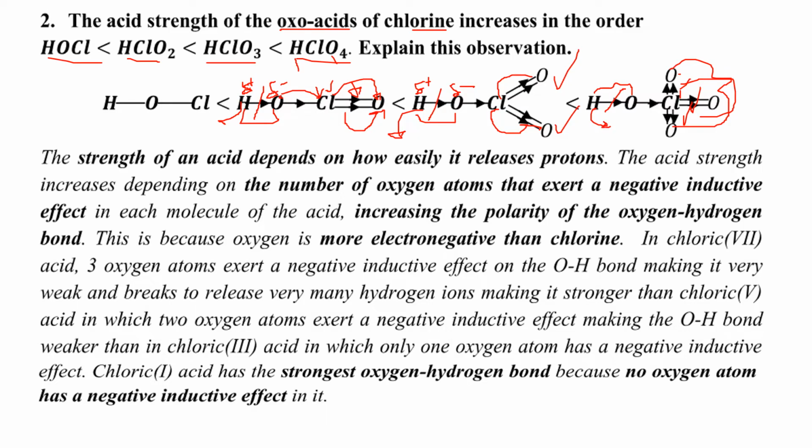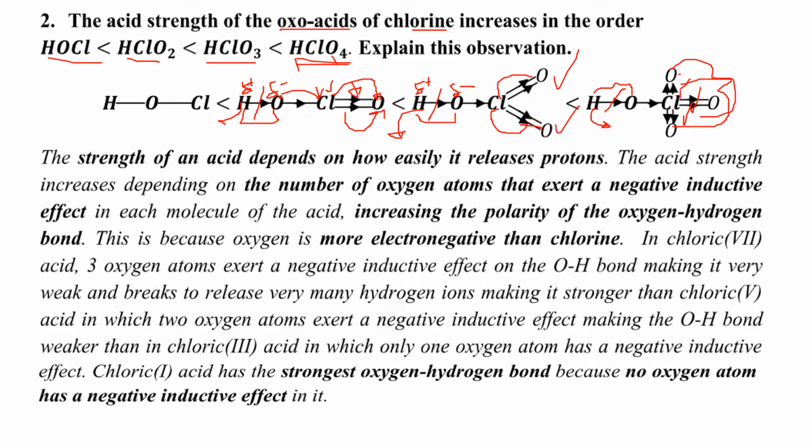So by that, we can conclude that the higher the number of oxygen atoms present in any oxy-acid, the stronger that acid is going to be, because acid strength depends on how easily it releases protons in solution.